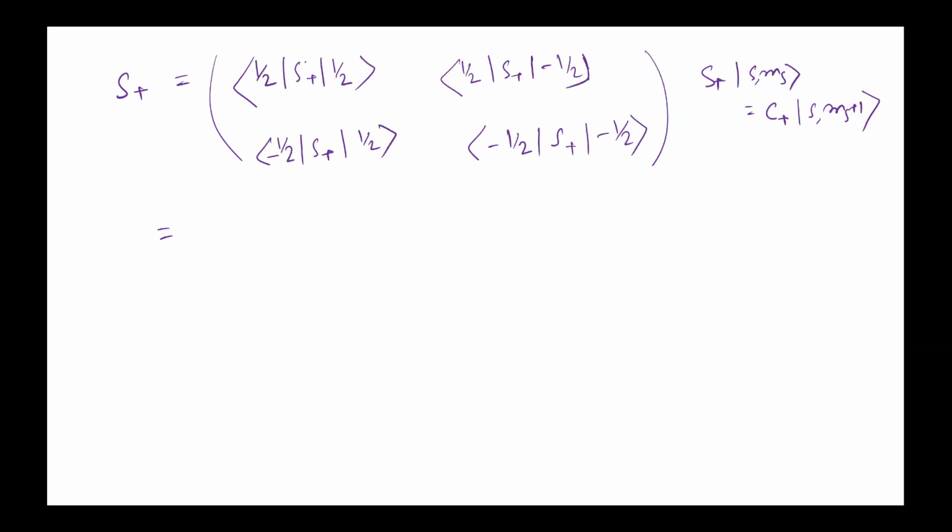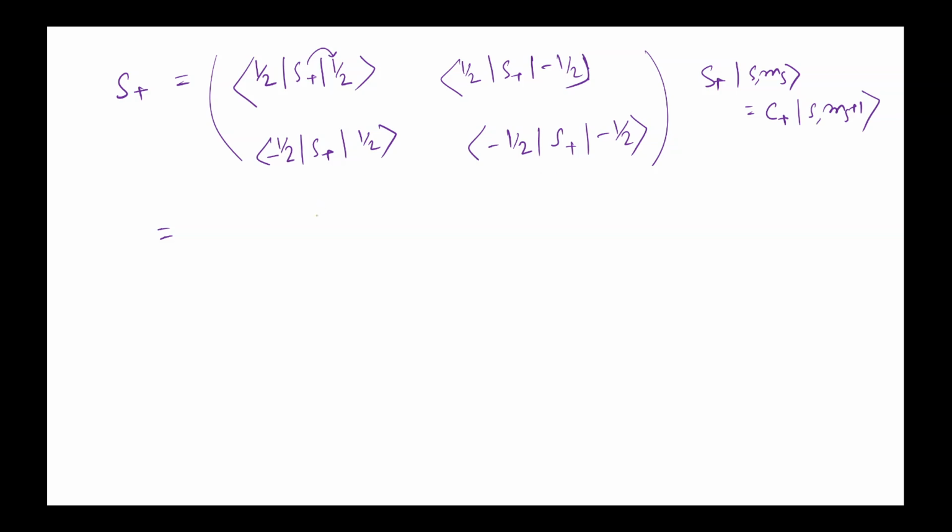Now when this s plus operates on this half, it will be 0, because this is a two-level system with minus half and plus half, and when s plus operates on the top level, there is no place left to go higher. So this matrix element will be 0.